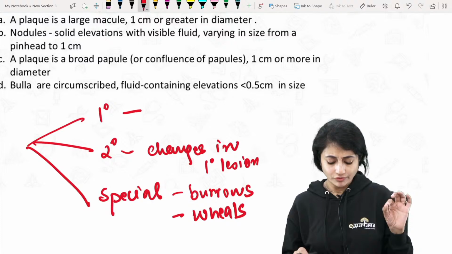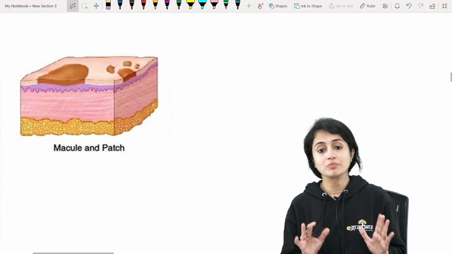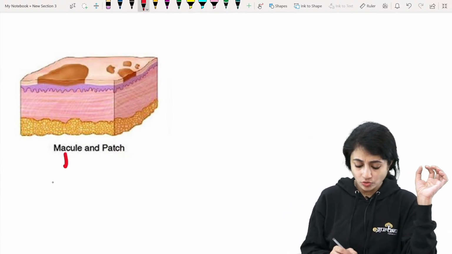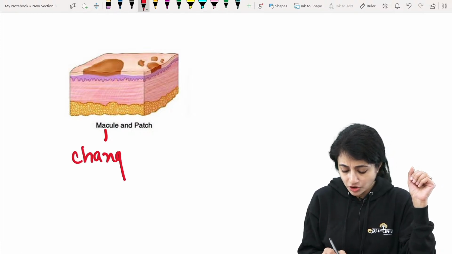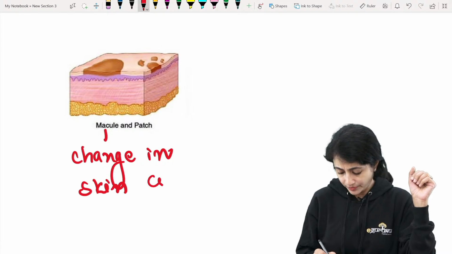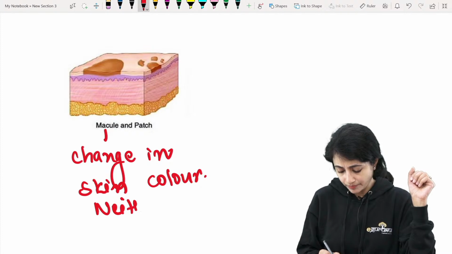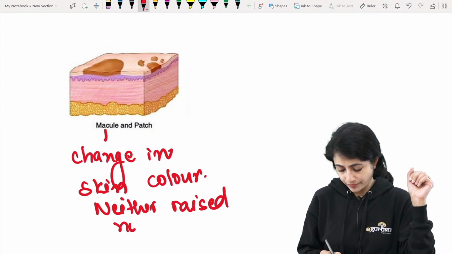Okay, so I'll first tell you about these primary lesions and then we'll come back to the question. My first primary skin lesion is a macule. What is a macule? A macule is just a change in skin color. It is neither raised nor depressed.